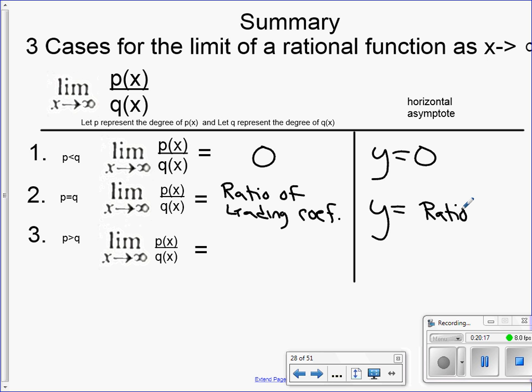If the degree in the numerator is greater than the degree in the denominator, technically the limit doesn't exist, but we'll always write one of two answers. What is the answer always going to be? Positive infinity or negative infinity. And how do you tell which one?